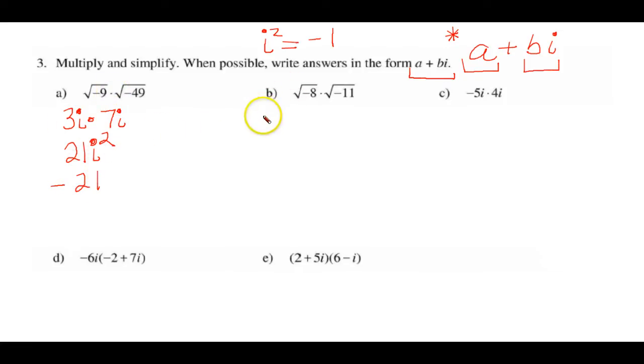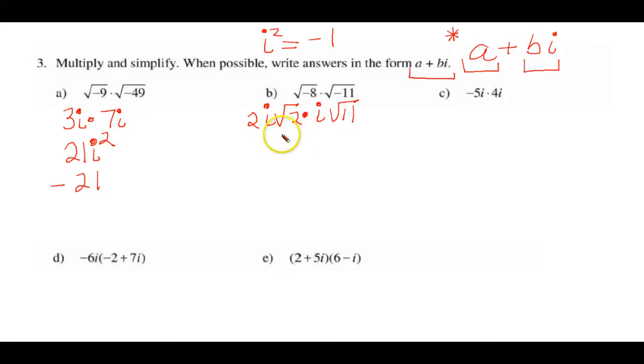So again, this is going to be i, and what is the square root of 8? Do you remember? We said that was 2 times the square root of 2, because 8 is the square root of 4 times 2. So we've taken out the square root of 4. Now this is going to be minus i times the square root of 11.